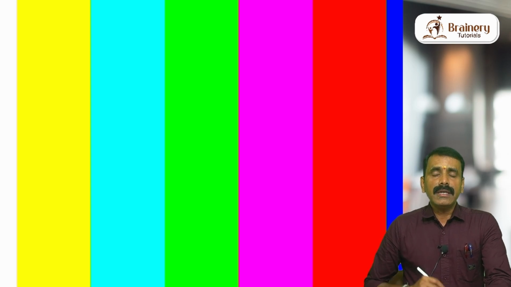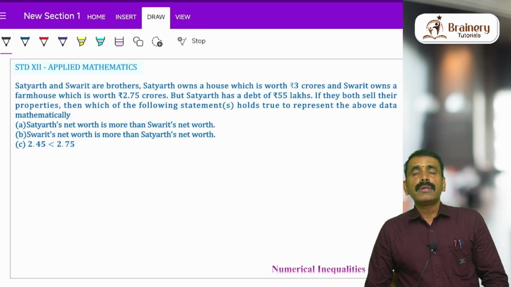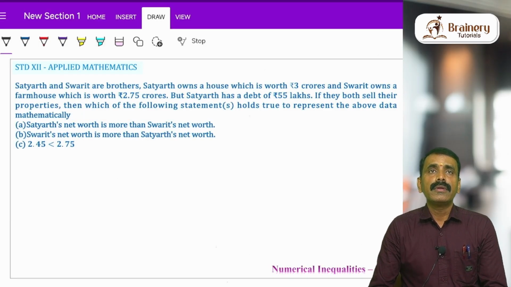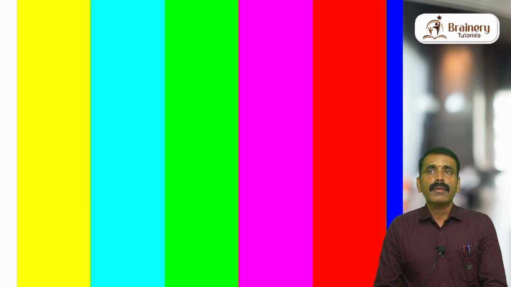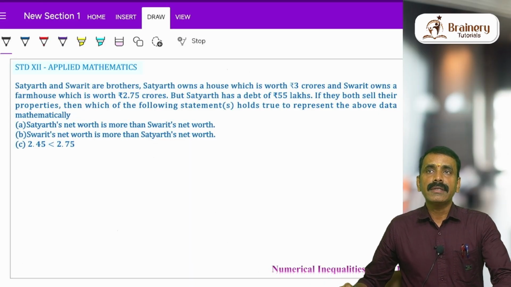Now, by reading the question, we can understand that Satyarth is having his own house which costs rupees 3 crores, but he is having a debt of 55 lakhs.